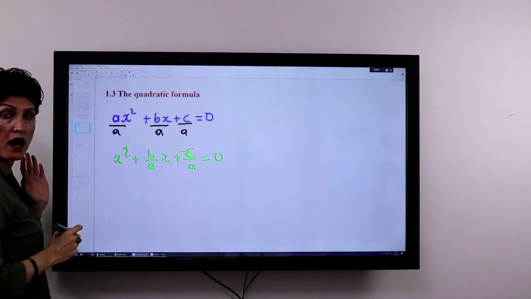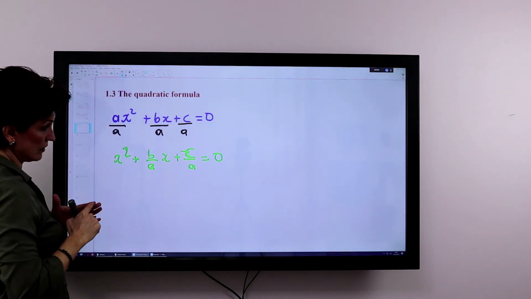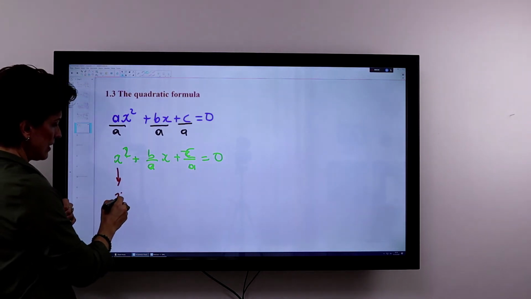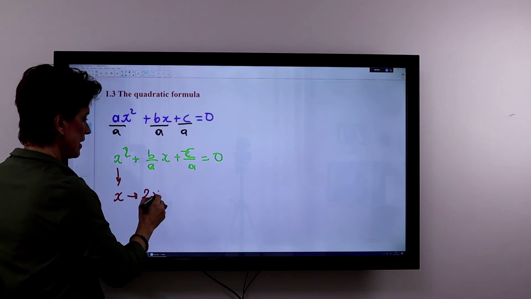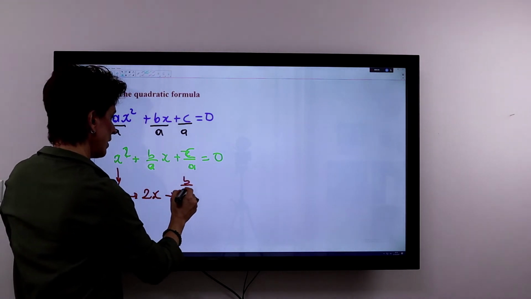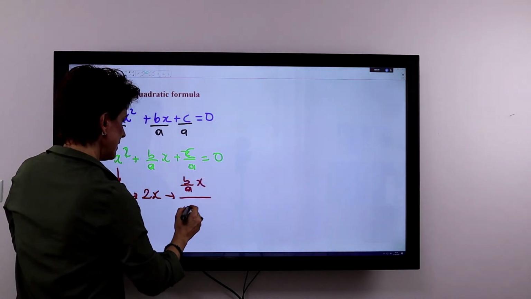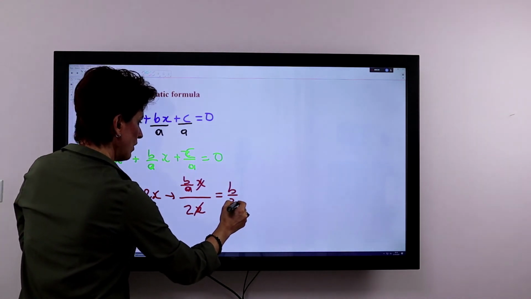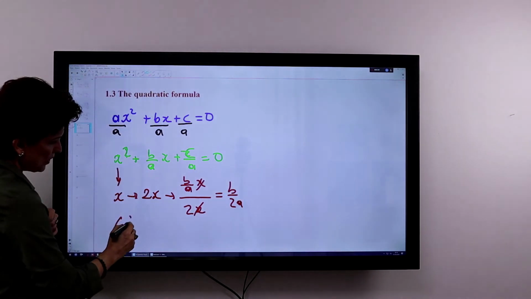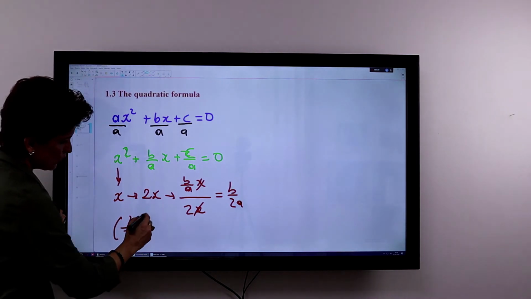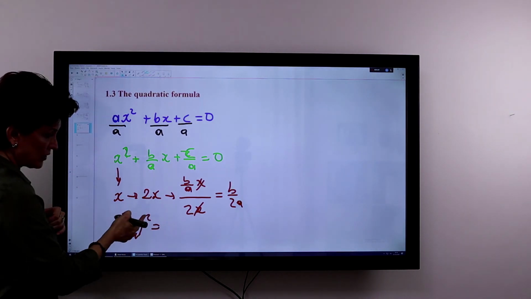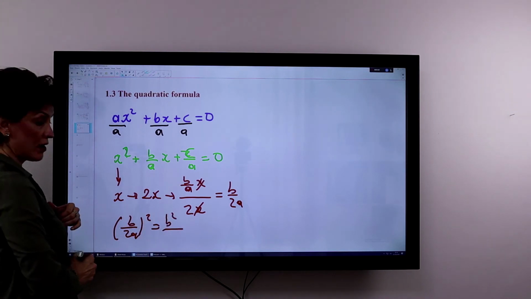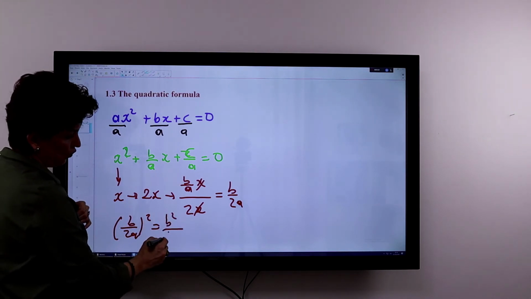What we did until now, I'm going to revise and repeat. Which term is squared? x², x, multiply by 2 to get 2x, and divide the middle term by 2x. When you do this, you get b over 2a. What I need to have is (b/2a)², which, if you distribute the 2, is b² over (2a)², and 2a times 2a is 4a².